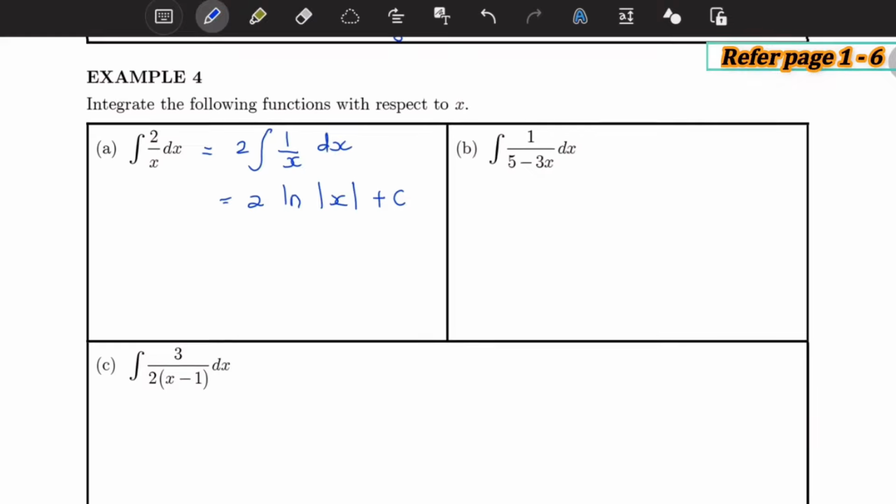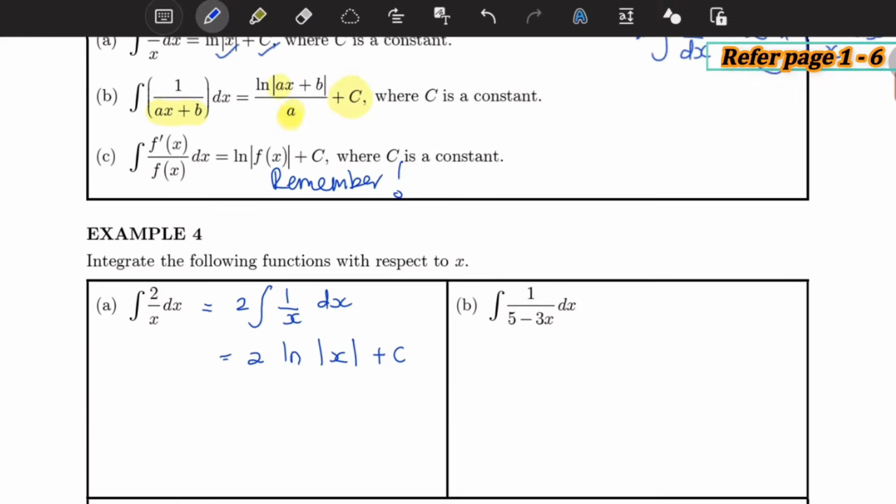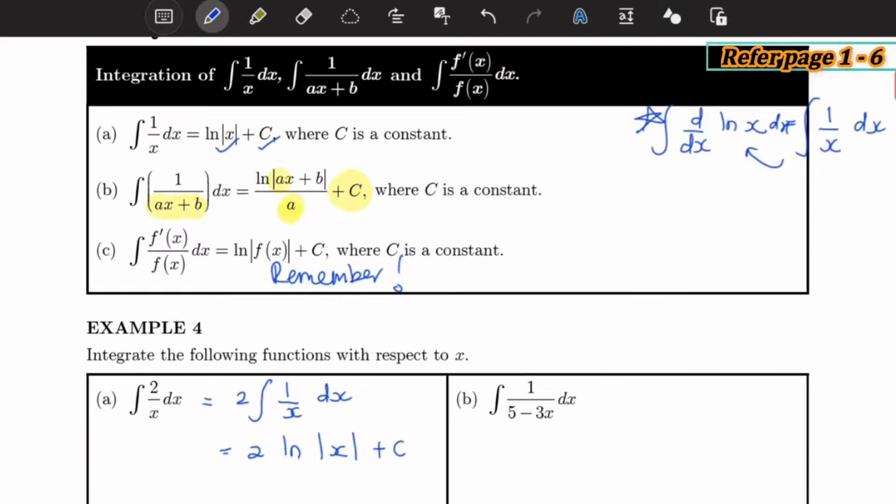Okay. One more thing. For the ln function, you need to make sure that the denominator, 1 over something, the function must be linear. Okay, that is the rule. 1 over linear function will be ln.